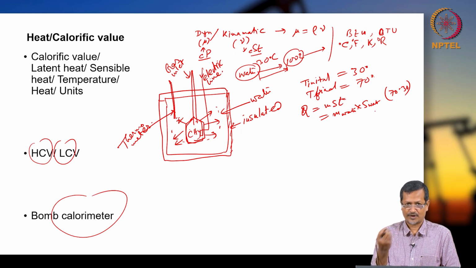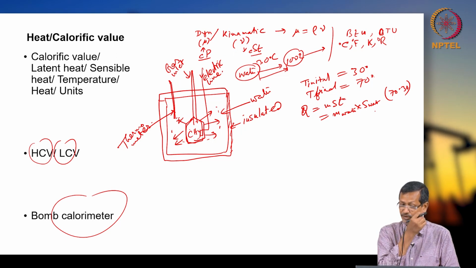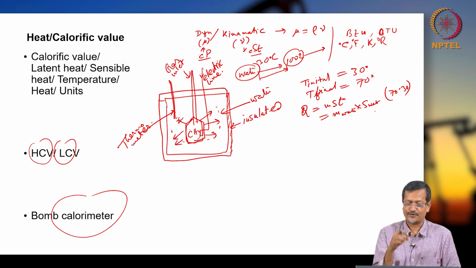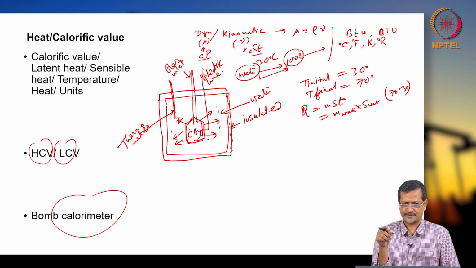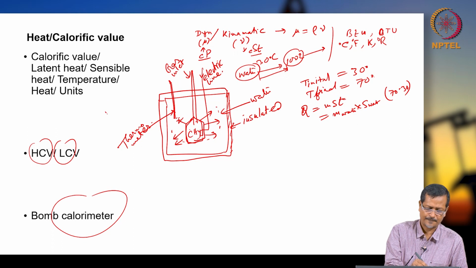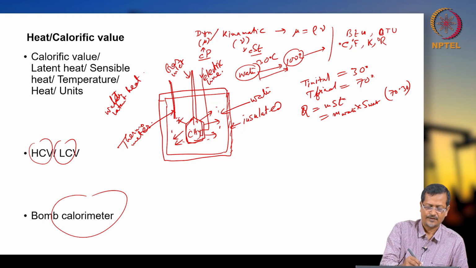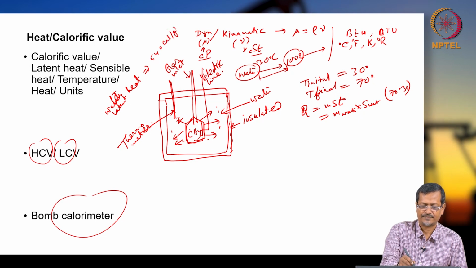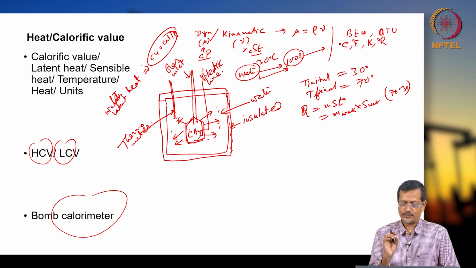Now, the fuel may have water molecules. If water is there inside the fuel, that water molecule will get heated up and take latent heat. That is why I explained latent heat. Latent heat of water, I think, is 540 calories per gram, whatever I can remember, so we need to cross-check.